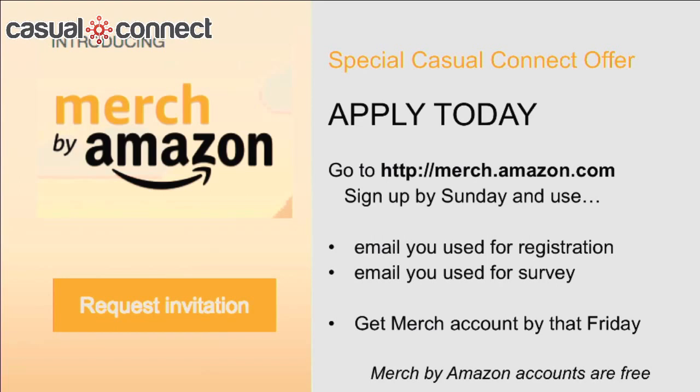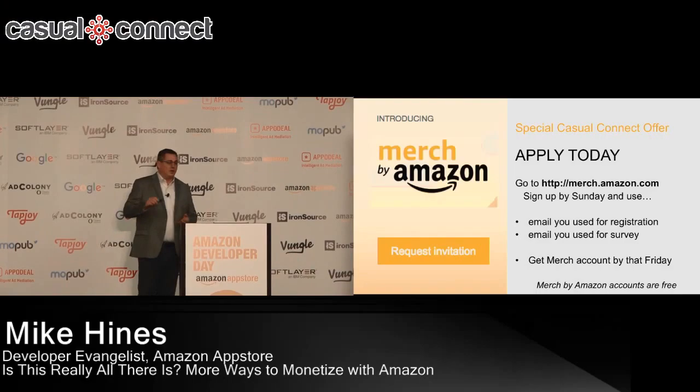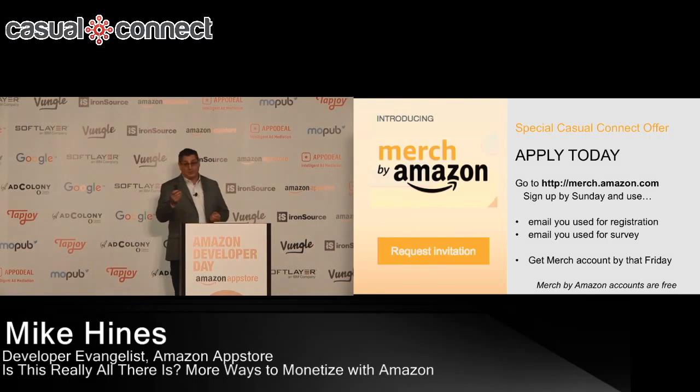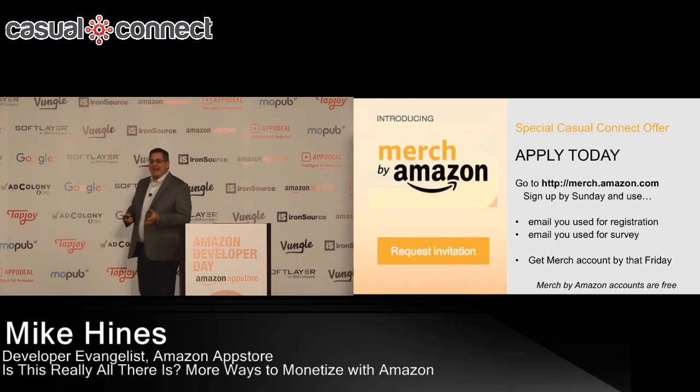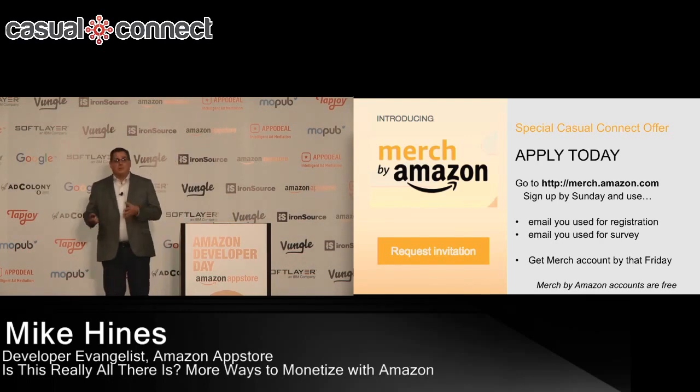But for you guys here today, I'll tell you what, if you go to Merch by Amazon, merch.amazon.com, and you sign up with the same email address that you used to register for the Dev Day, we'll go ahead and we'll look for your name in that list, and we'll immediately send you an invitation to the merch program.